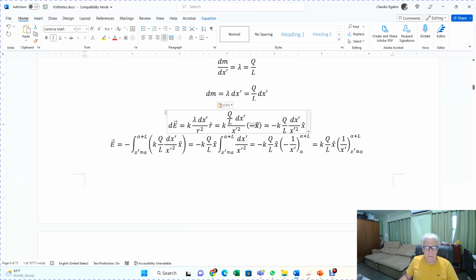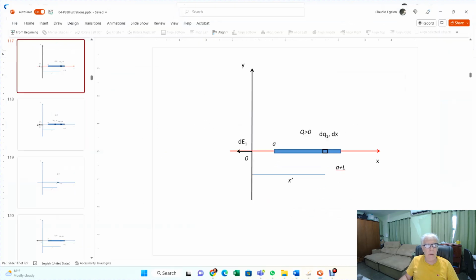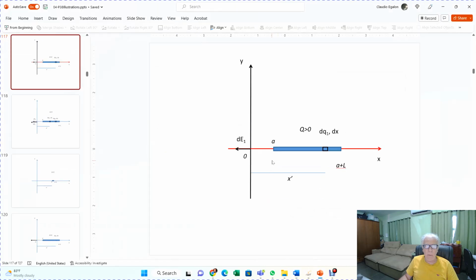So we sort out all the negative signs: minus k Q over L dx prime over x prime squared x hat. Okay, and now it's a question of integrating this result. And going back to our drawing, we should integrate from x prime equal to a all the way up to x prime equal to a plus L. Okay?